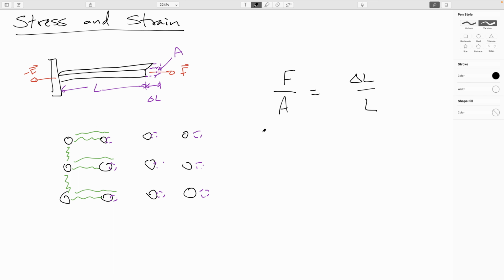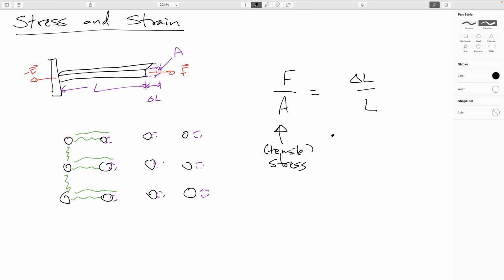So we characterize the force being applied spread out over the area. We'll call this the stress. And in this example, this is what we will call the tensile stress. That's the F over A part of it.